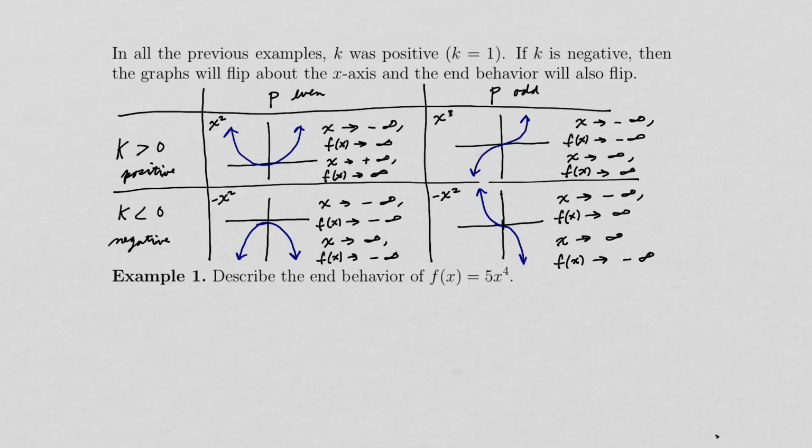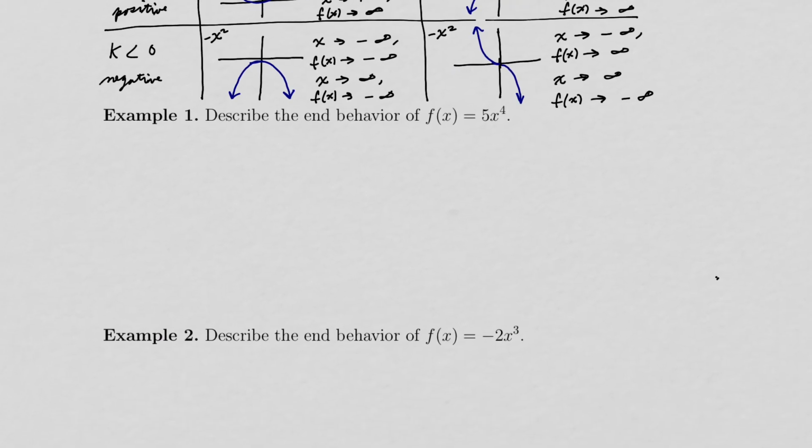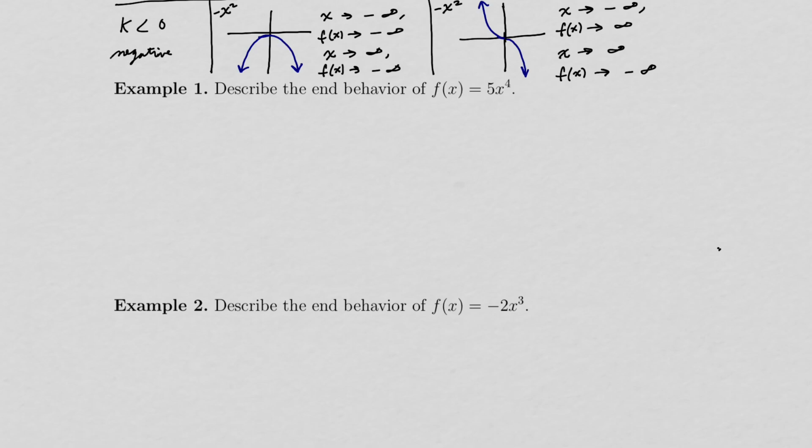All right, so here, let's do some examples on that. So describe the end behavior of this function, 5x to the fourth. Okay, so in this case, the k is positive, and the p is even, right? So k is equal to 5, so that's greater than 0. And then p is equal to 4, which is even.